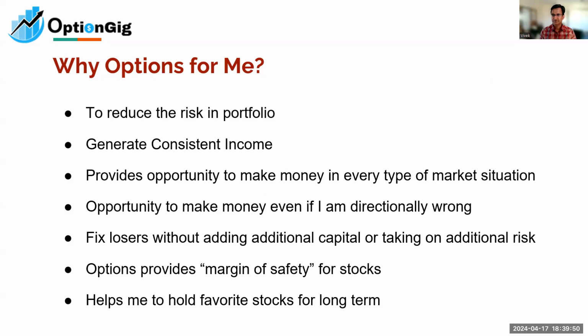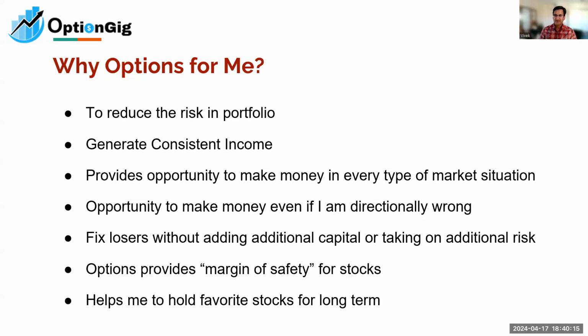I use it to provide me an opportunity to make money in every market situation. Market is moving up, fine. There are strategies that I can use. Market is moving down, you can still make money in a down market. You'll lose money on the stock side, and that's where I use options for hedging. Okay, I'm going to lose on the stock side because I can't do anything if the market is going down, but I can make money on the option side. You can construct those strategies.